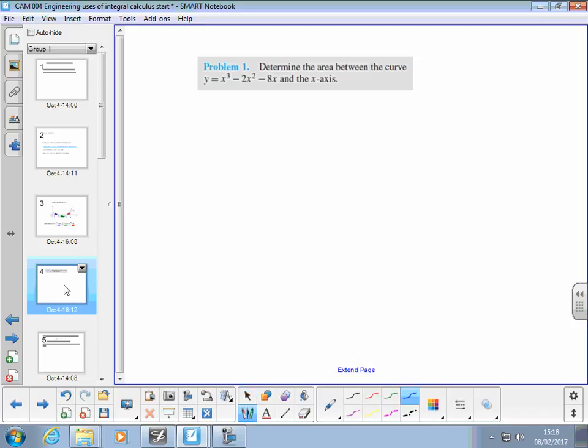So, problem 1. How do we go about solving this? How do you think we might get our limits from that function? Because until we know the limits, we can't do a lot. What do we need to look for?